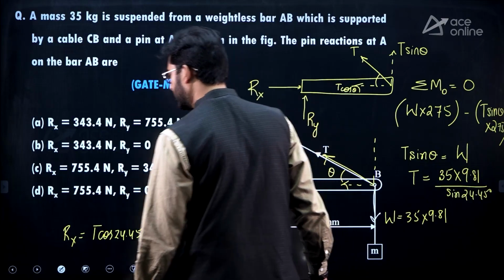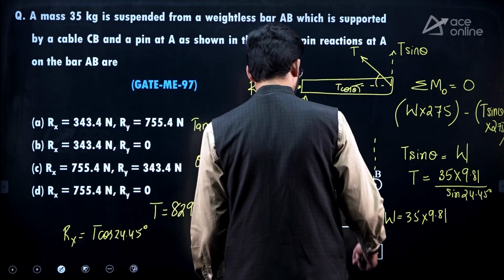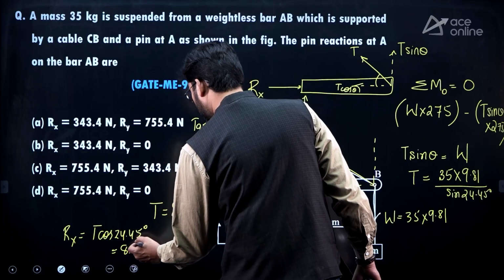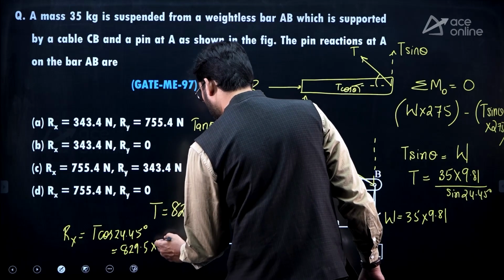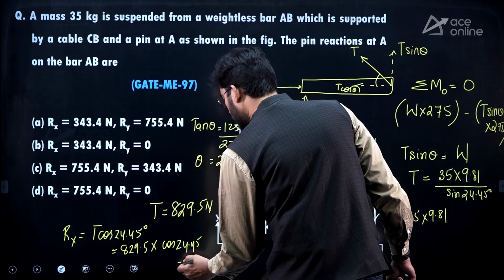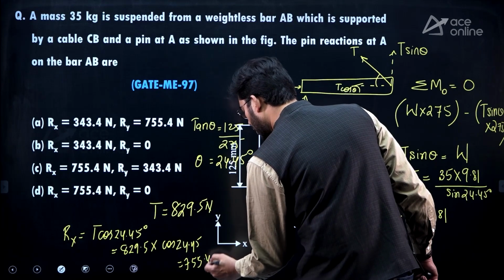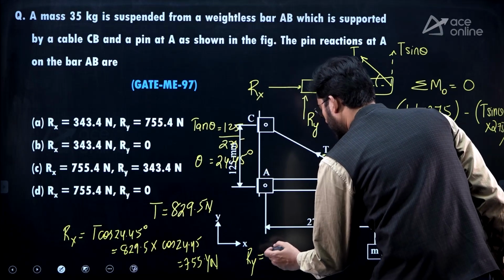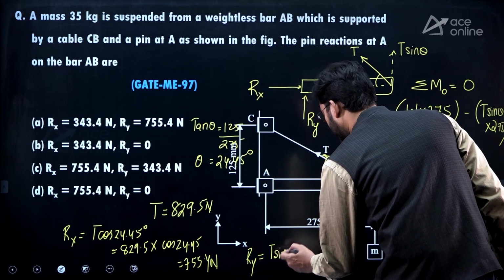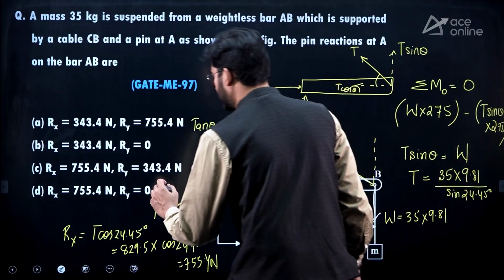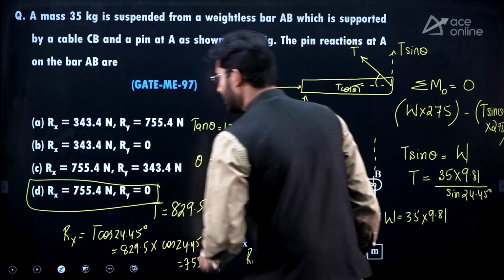So 829.7 into cosine of 24.45 is equal to 755.4 newtons, and Ry will be equal to 0, because T sine theta minus W, these two will be cancelling out. So option D is the answer.